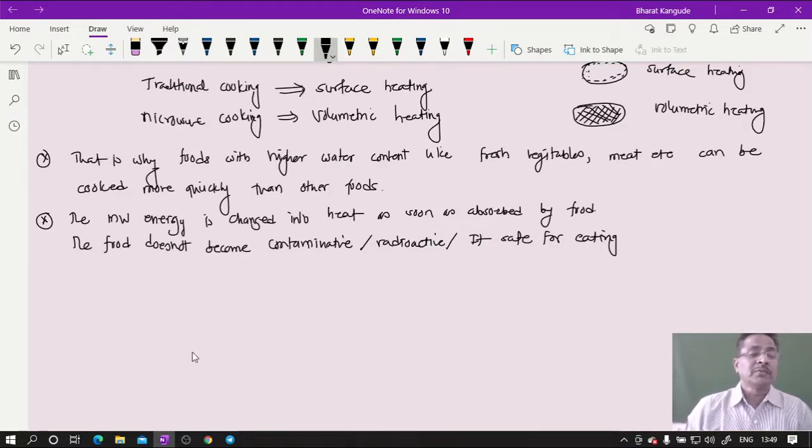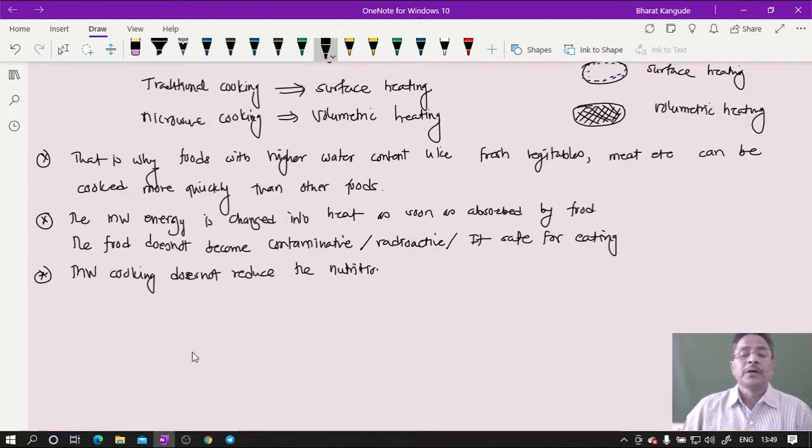And the third important point we must understand in this case is that microwave cooking does not reduce the nutritional value of food.